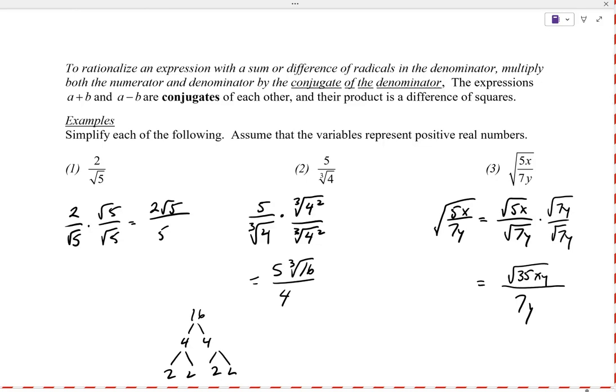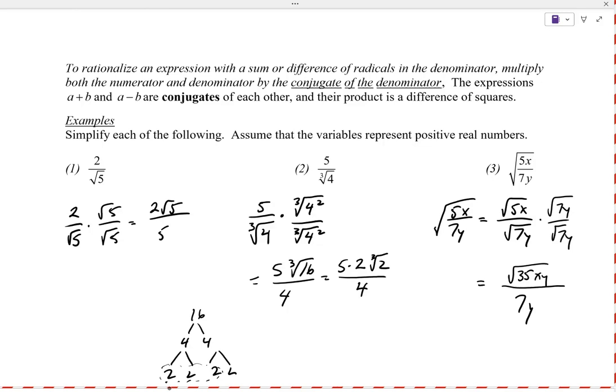Groups of 3. You see the group of 3? Yeah. So how can we rewrite that cube root of 16? So that whole group of 3 2's becomes a 2 on the outside, and then there's still 1 left over, right? You see that?